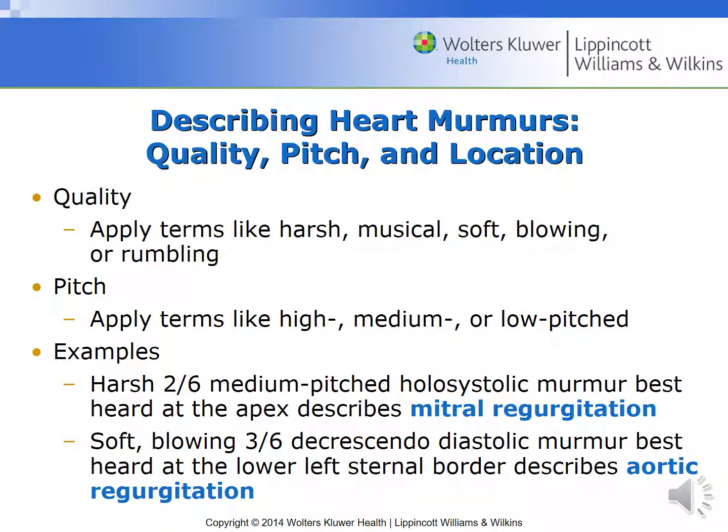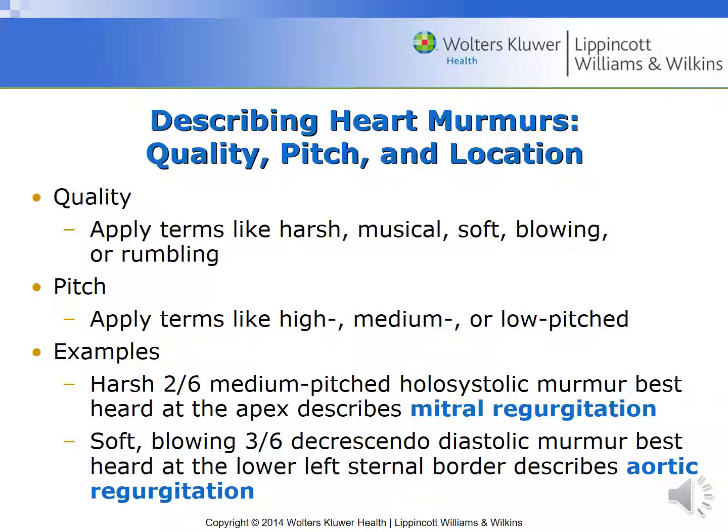So here's a couple examples. Harsh, 2 out of 6, medium pitched holosystolic murmur, best heard at the apex, which describes mitral regurgitation. Or is it soft and blowing, a 3 out of 6 decrescendo diastolic murmur, best heard at the left lower sternal border, which would describe aortic regurgitation.